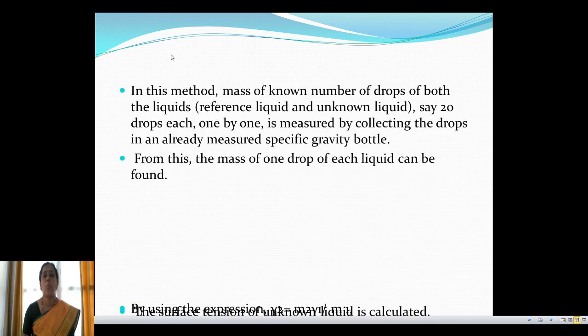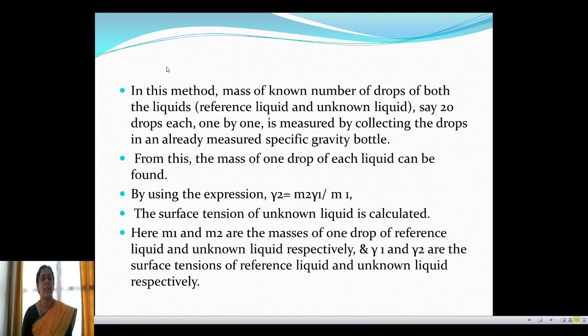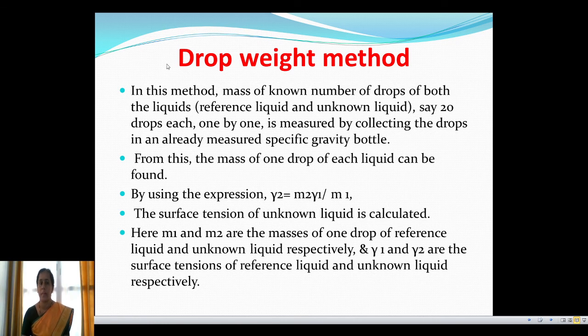Now, we will discuss the second method, that is known as the drop weight method. In the drop number method, we counted the number of drops. But in the drop weight method, we have to take the weight of the drop. In this method, the mass of a known number of drops of both liquids, the reference liquid and the unknown liquid under study, say 20 drops, is measured one by one by collecting the drops in an already weighed specific gravity bottle.